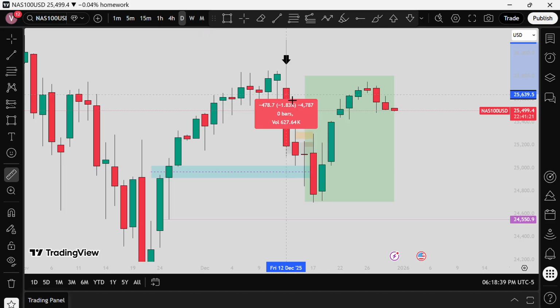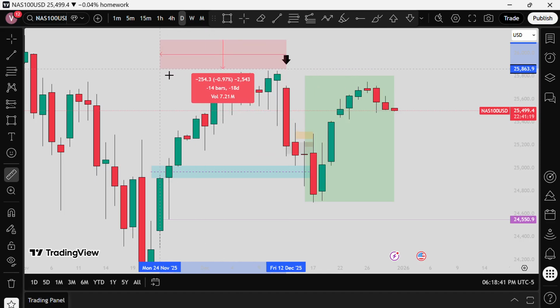Then 20 days back, let's go to this 18-day look back, or 20-day look back. It's saying 21. So by the benefit of hindsight, I'm choosing the 18-day look back period.